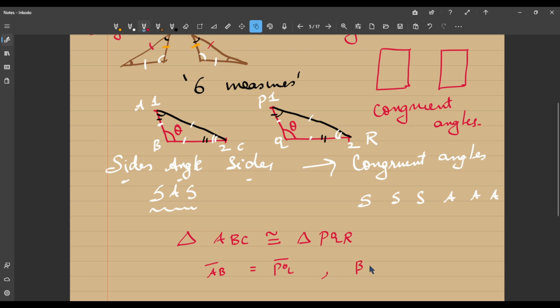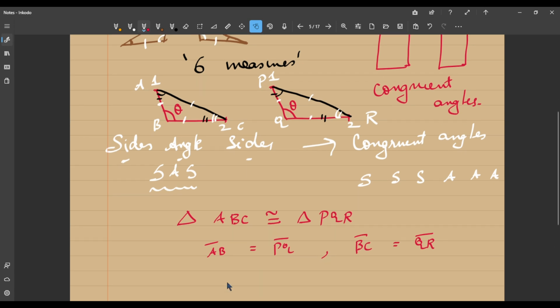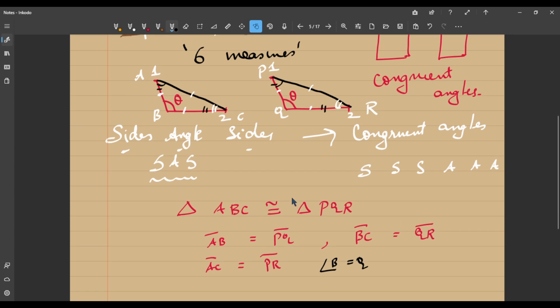The measure of line BC is equal to line QR, and line AC is equal to line PR. And not only that, we have also ensured that theta of course is the same. It was given already. Angle B is equal to angle Q was given. But now we see that angle A is equal to angle P and angle C is equal to angle R.